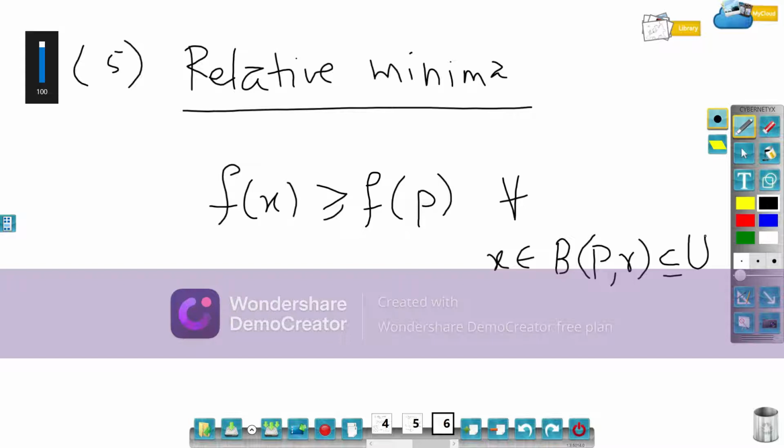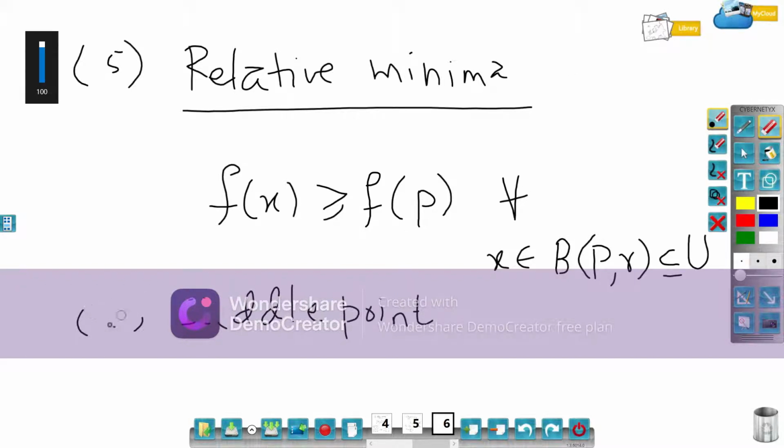Then saddle point, number 6. Well, saddle point we will define a little later.